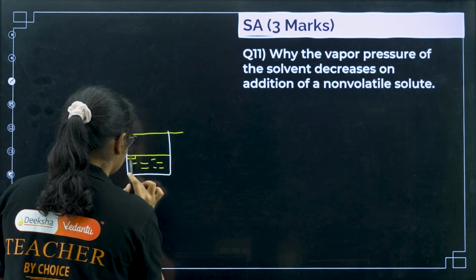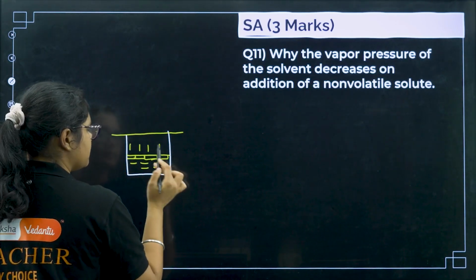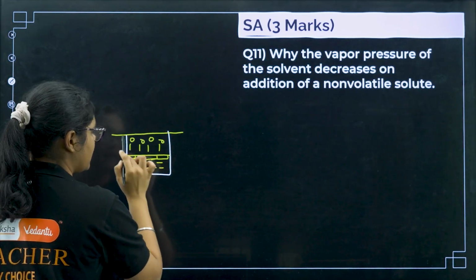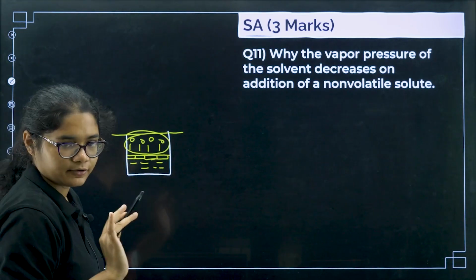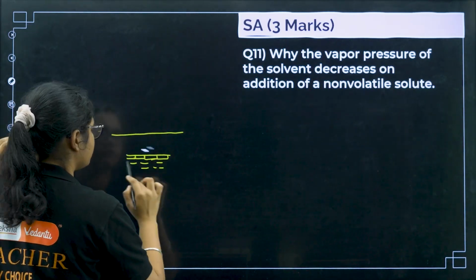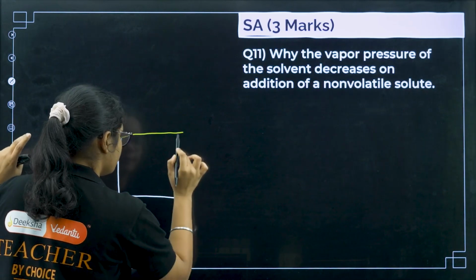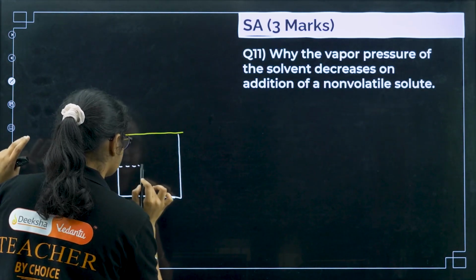Now these surface molecules are water molecules, right? These were evaporating and because of that some vapor is produced here, and this vapor creates a vapor pressure. But now suppose you add a non-volatile solute. Non-volatile solute means the solute which cannot form vapors.